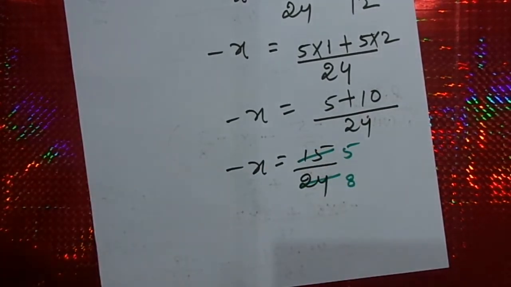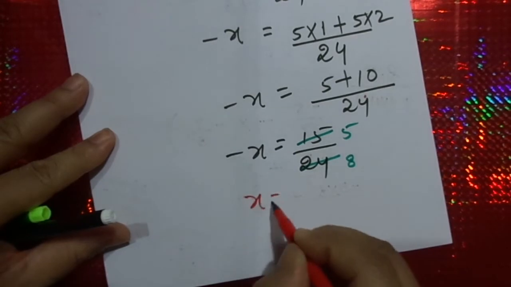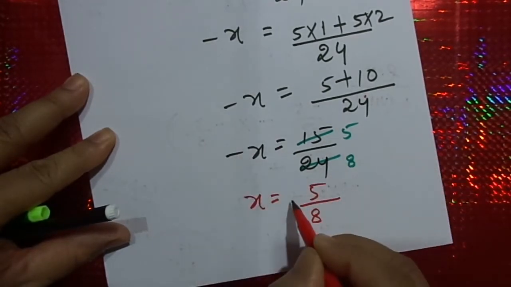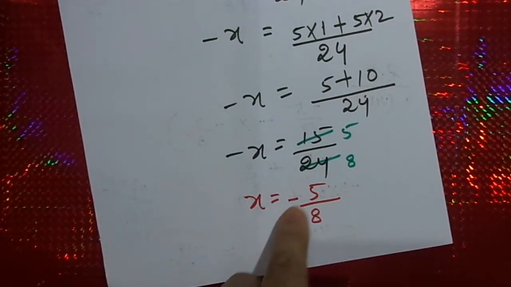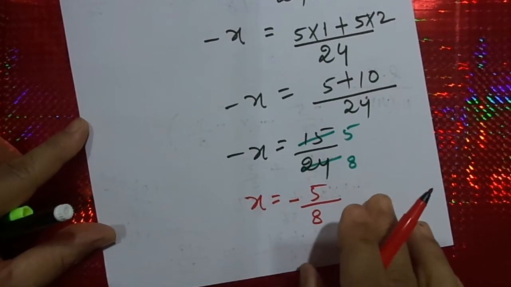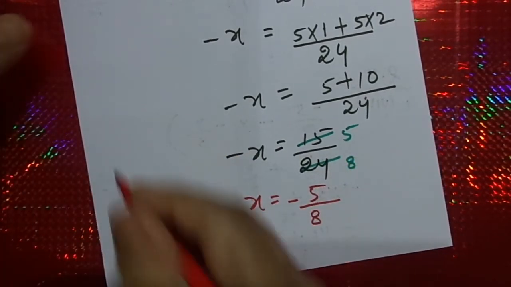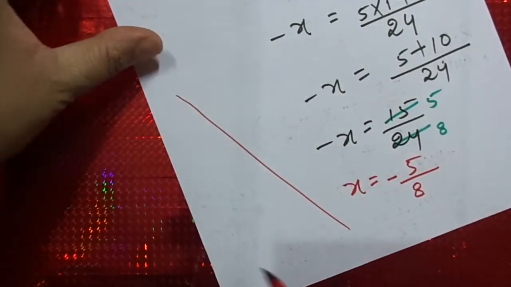Therefore this x will be equal to 5 by 8, this minus will go over there and it will be minus 5 by 8. Minus will go over there, it means that minus first of all will get divided over here. Let me clarify it.